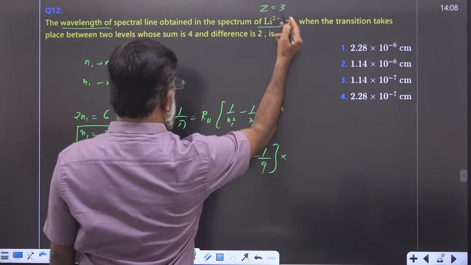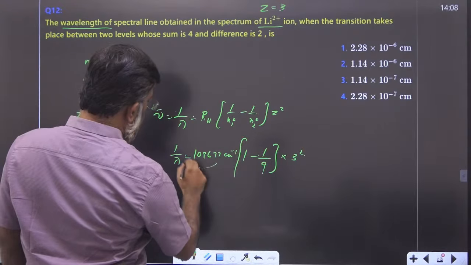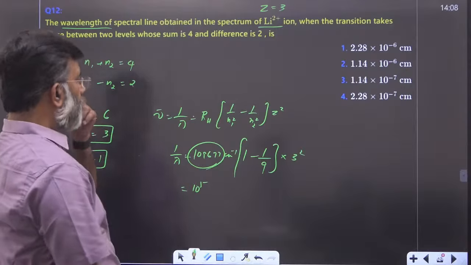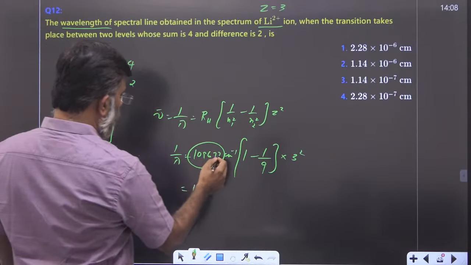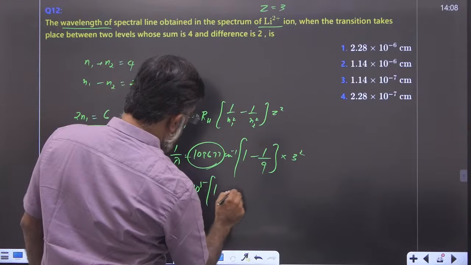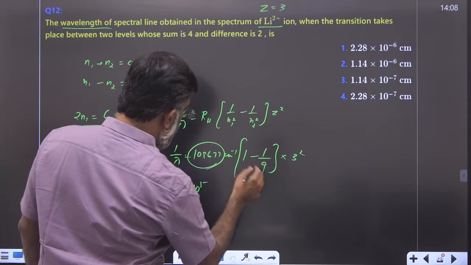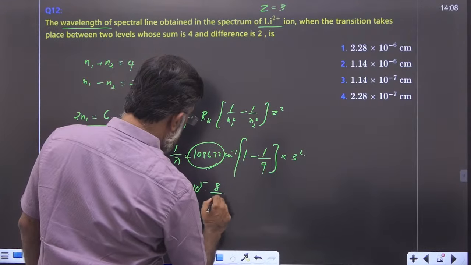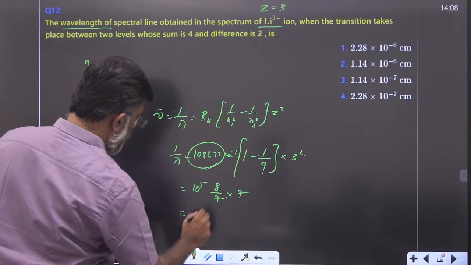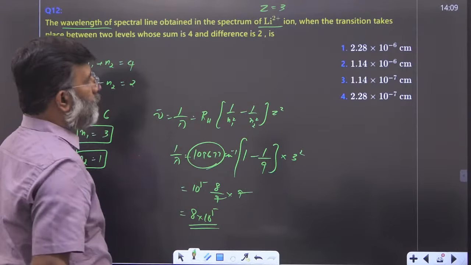Atomic number of lithium 3 ആണ്. So it is 3 square. ഇത് നമുക്ക് 1 into 10 raised to 5 എന്ന് എടുക്കാം അല്ലേ? Nearly 10 raised to 5. Into 1 minus 1 by 9, that is 8 by 9 into 9. അപ്പോൾ അത് ക്യാൻസൽ ആയി. So the answer is nearly 8 into 10 raised to 5.